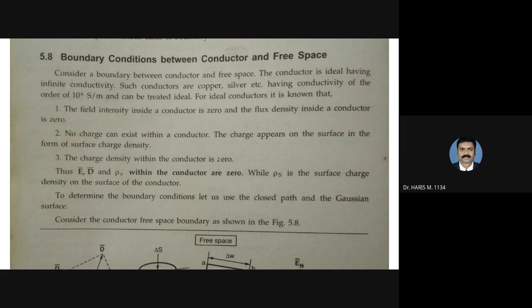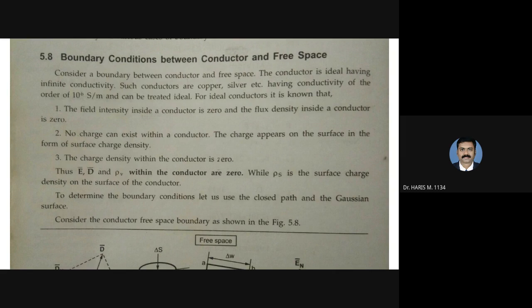Hence, the field intensity will be zero, and the flux density inside the conductor also becomes zero. Condition number 2 is that no charges can exist within a conductor, and the charges appear on the surface in the form of surface charge density. So the surface charge density parameter also has to be included here. The charge density within the conductor is considered to be zero.